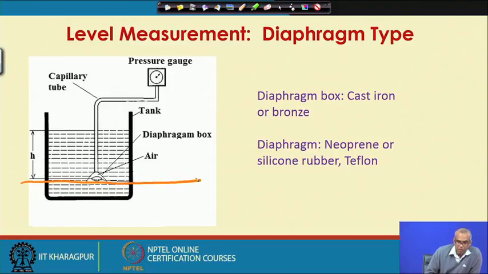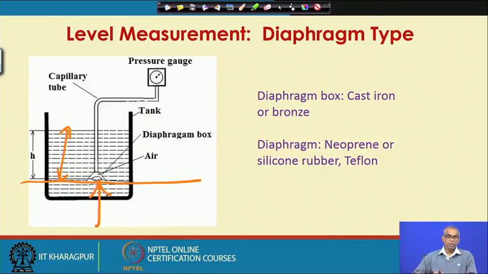Now, as the liquid level changes, this height changes. As this height changes, the pressure here changes. That means, with change in liquid level, I am applying a different amount of pressure on the diaphragm. As I apply pressure on the diaphragm, that pressure gets transmitted through the air to the pressure gauge.